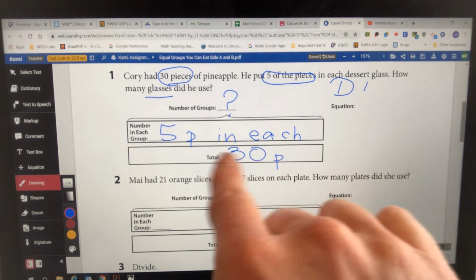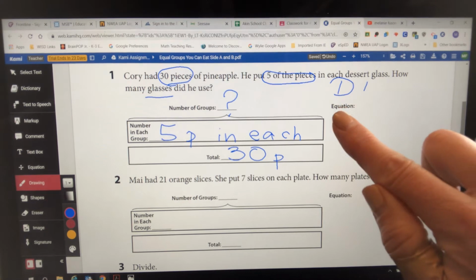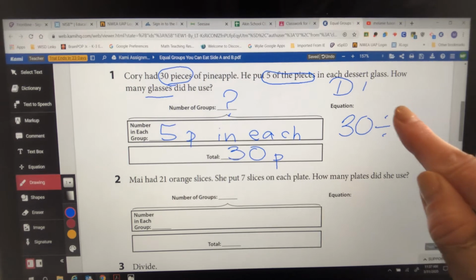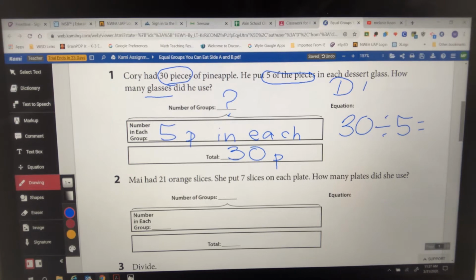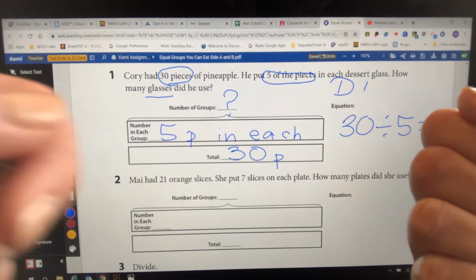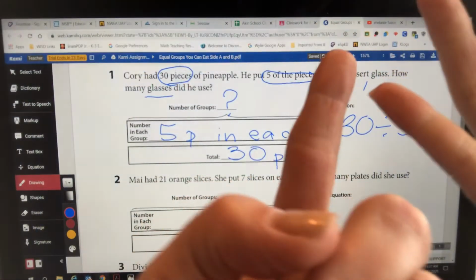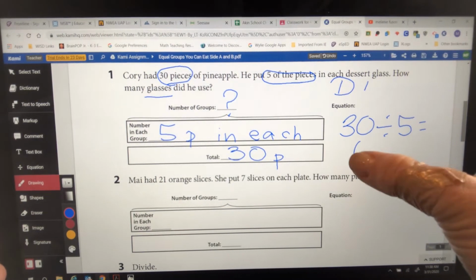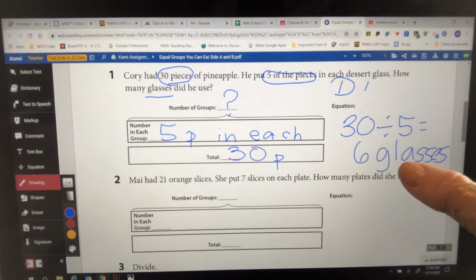Because I've already got my total and I'm looking for the number of groups and I know it's a D1, my equation is going to be 30 divided by 5 in each is how many? So let's count by 5 until we get to 30 and we'll figure out how many glasses he used. 5, 10, 15, 20, 25, 30. So I counted 6 times, which means he used 6 glasses, which is our answer.